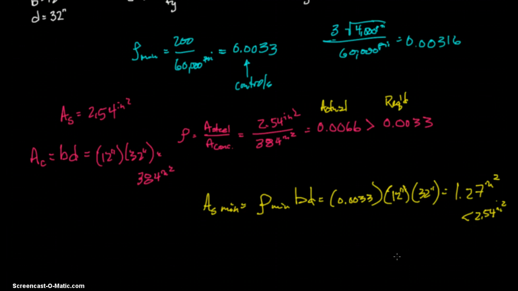So we're good. I hope that helps, and I hope you can see that you can compare different things. You can either compare the actual ratio to the minimum ratio, or you can compare the actual area of steel to the minimum area of steel. It depends what you would like to compare.